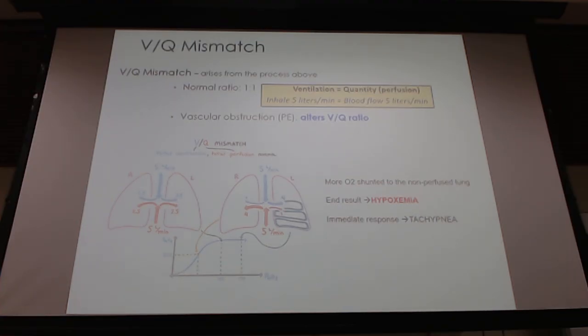So it almost makes the problem worse, based off the body's physiologic response to this part of the lung only receiving a fraction of the perfusion. And so all the blood is over here waiting for the oxygen, but our body's shunting all the oxygen to the lung that's not being perfused.